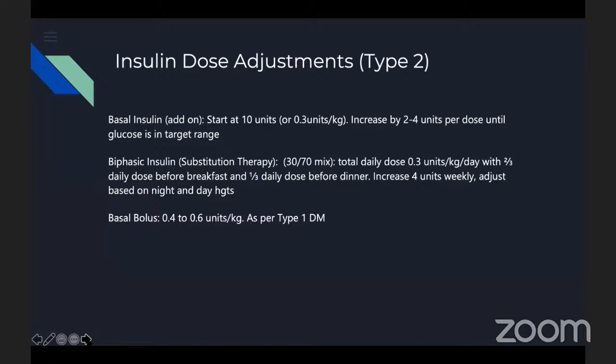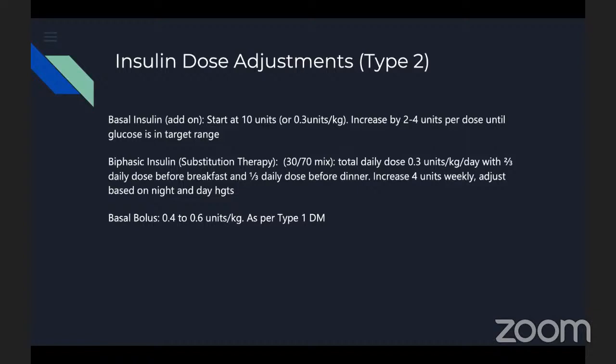Then you divide it accordingly. So you divide the total dose, 2/3 in the morning, and then 1/3 at night. And then you can change the dosing of the medication after that based on the patient's morning glucoses and night glucoses.